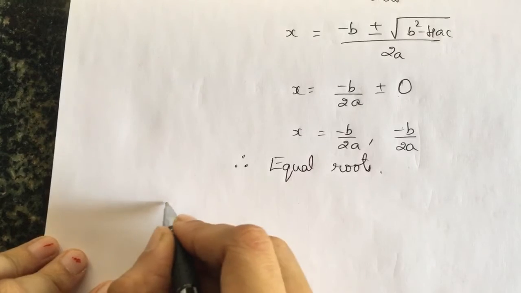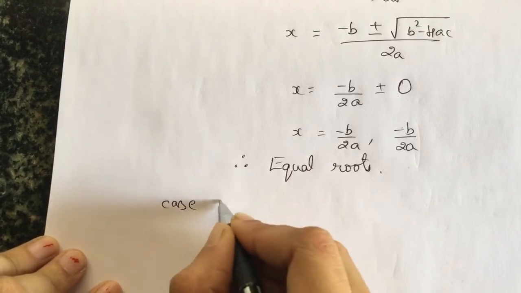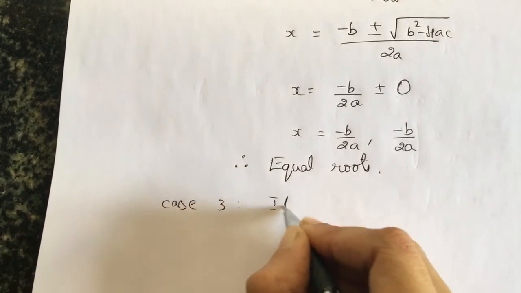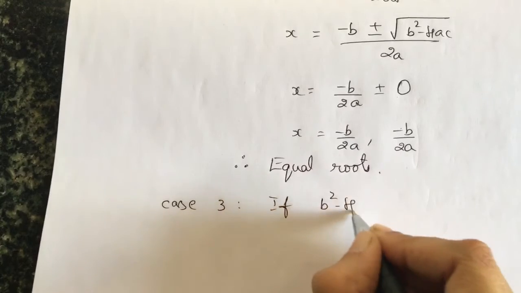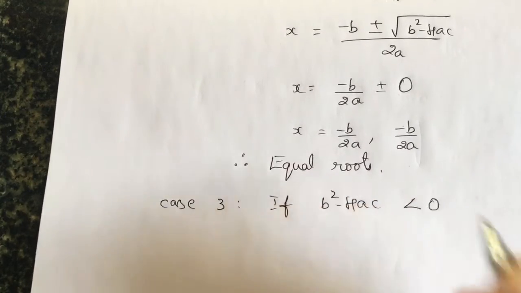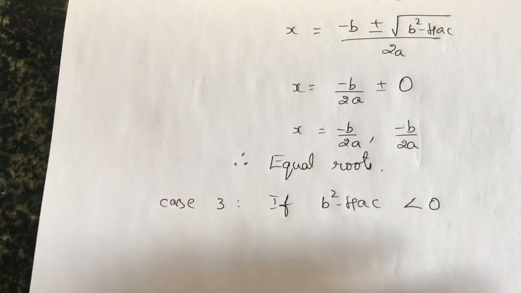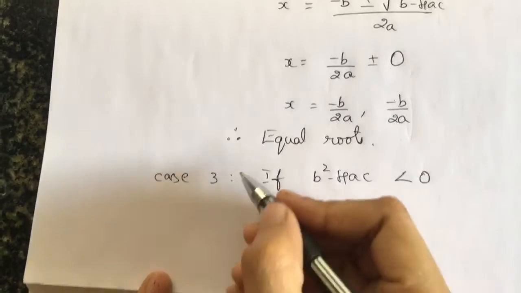Now let us look at the third case where b square minus 4ac is negative. See what happens actually.